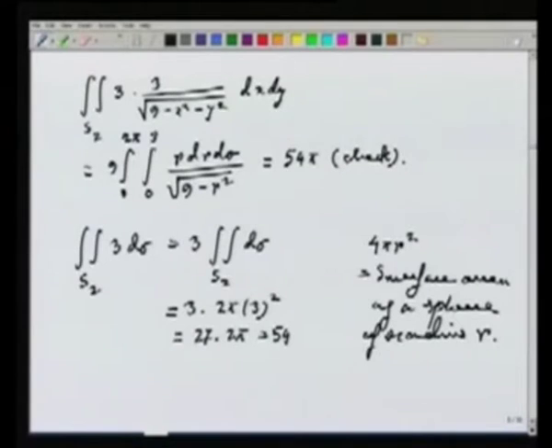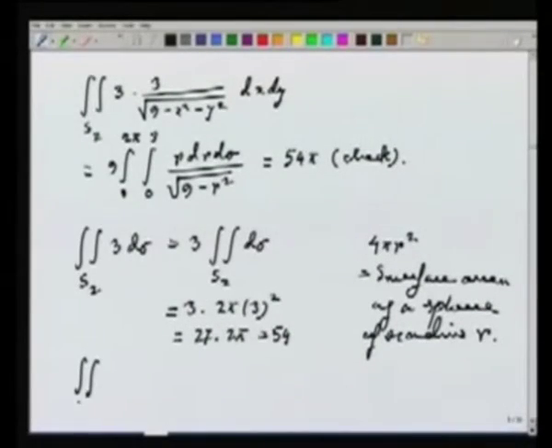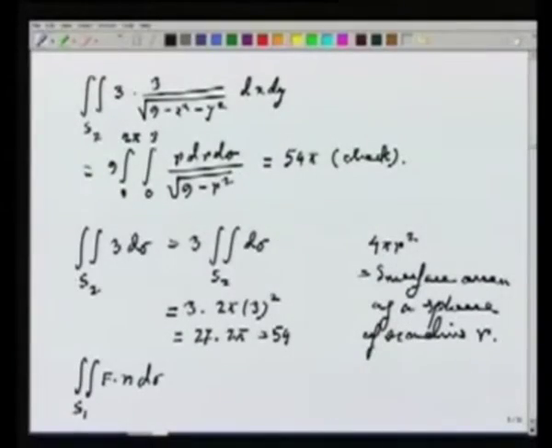Okay. But still one more portion of the surface is left, that is z equals to 1. So now I have to calculate double integral over S1 of f dot n d sigma. Notice that S1 is the portion of the plane z equals to 1. Okay. So on that, which function do I want to evaluate? That is, what is f dot n?